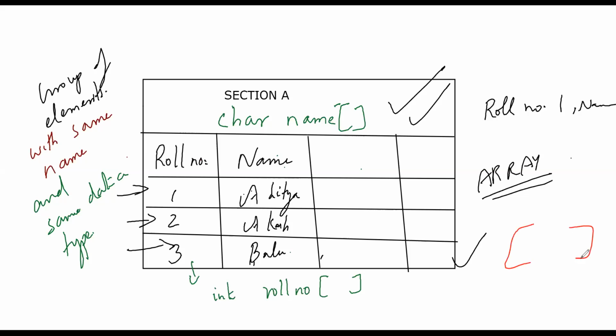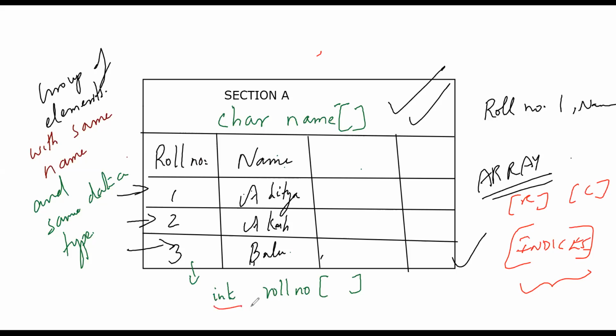This is called the array brackets. This is my row and column. If I put two brackets, it is row here, column here. That's all. These brackets are called indices or array brackets.